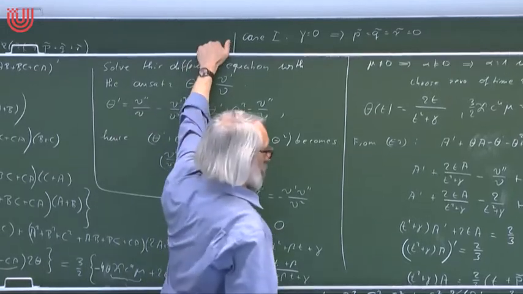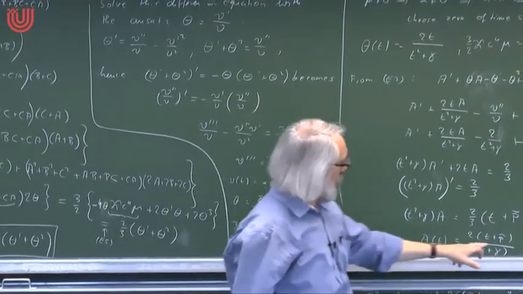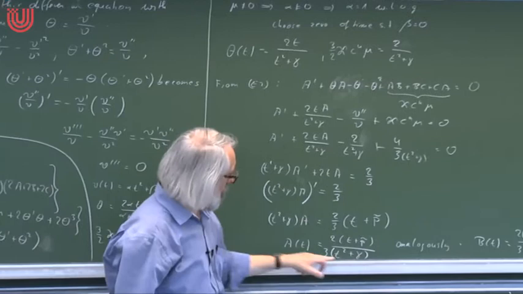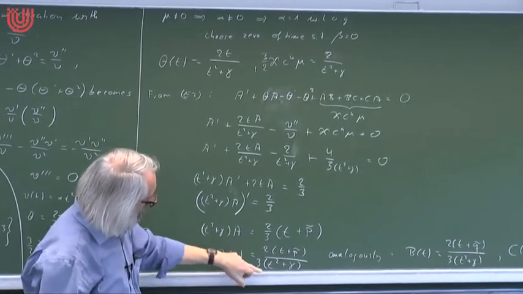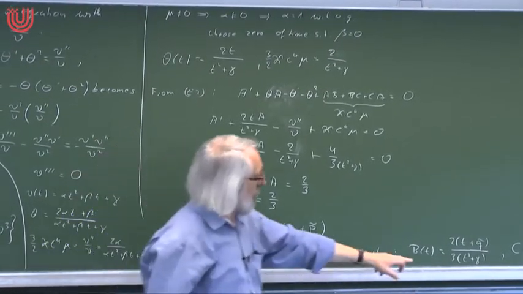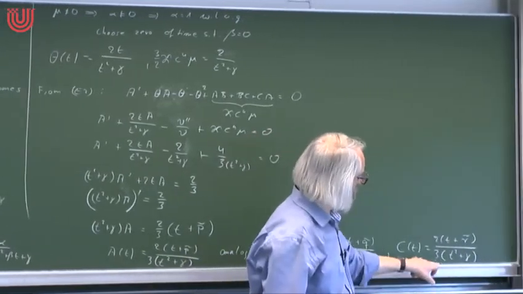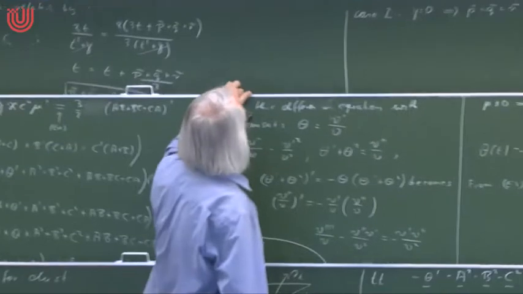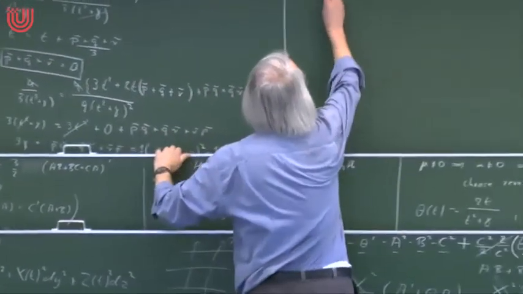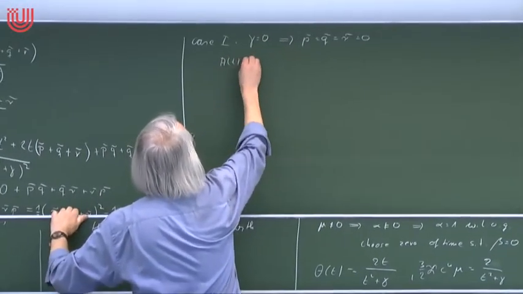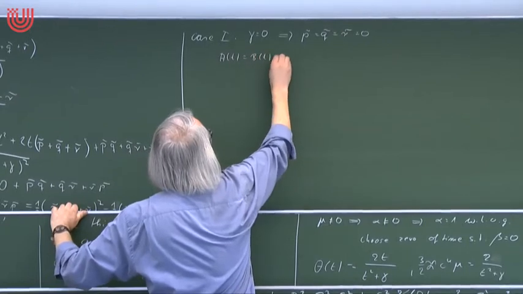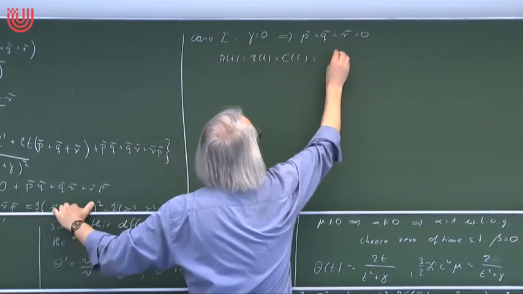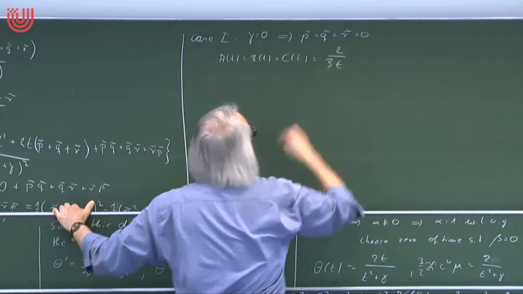So this is just 2 divided by 3t, this is also 2 divided by 3t, and this is also 2 divided by 3t. So then we have a(t) = b(t) = c(t) = 2/(3t).